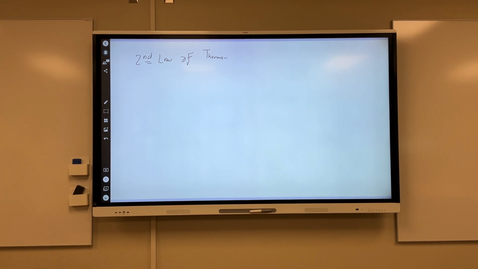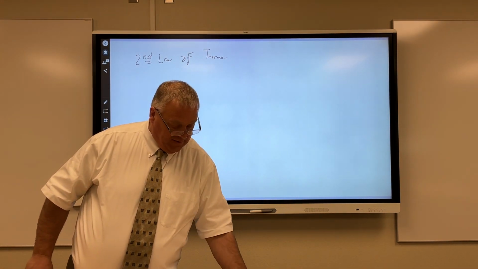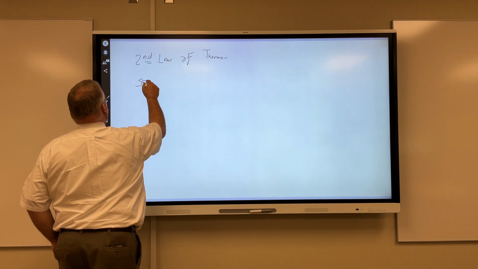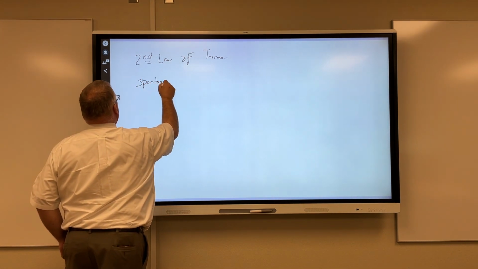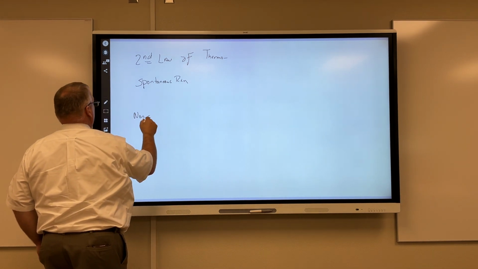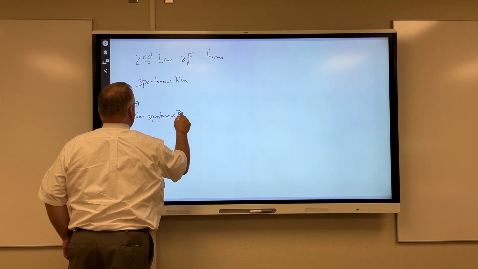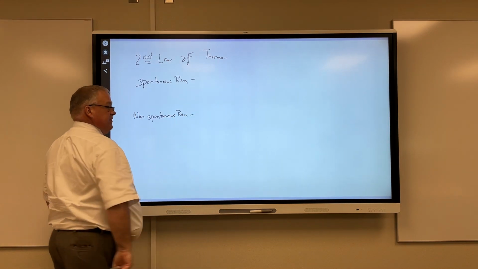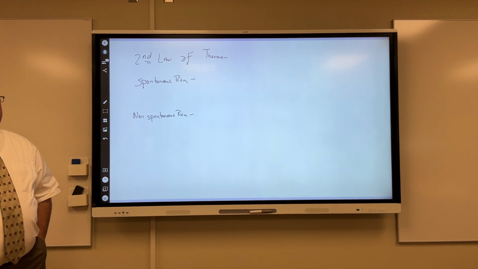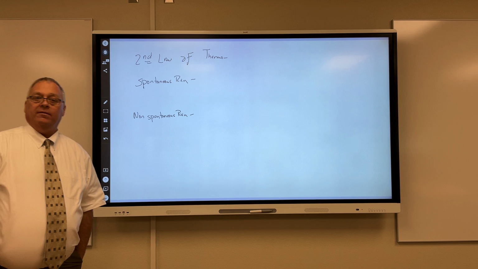Okay, so looking at the directions here for spontaneity. If we've got a spontaneous reaction and we have a non-spontaneous reaction, there's a difference in the heats, a difference in the enthalpy for these two. Because remember, enthalpy is what? Independent of the path.